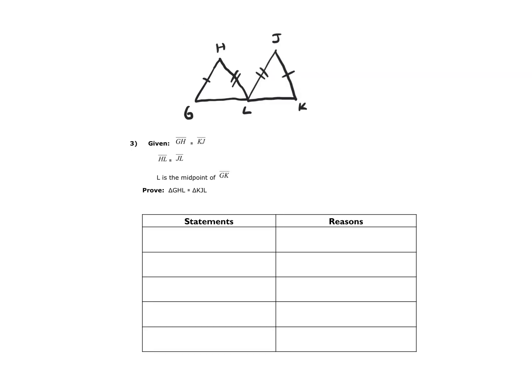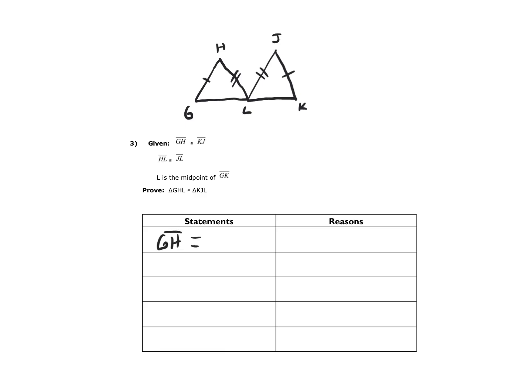All right, next, I went ahead and redrew that drawing that was on the previous page at the top of this page, just so that I didn't have to flip back and forth so much. We're given that segment GH is congruent to segment KJ, so we'll mark those with a single tick mark. Segment HL is congruent to segment JL, and mark those with a double tick mark. And we'll go ahead and mark those statements down in our proof.